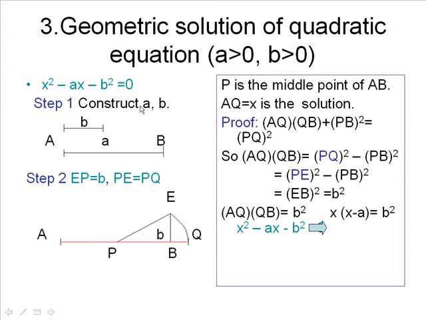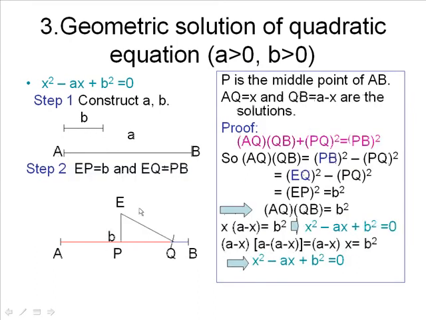Step 1, we're going to construct A and B like we did before, and find the midpoint P of AB. And this time, instead of drawing a vertical line at the midpoint P, we're going to draw a vertical line segment at B, such that EB equals b, not like here.